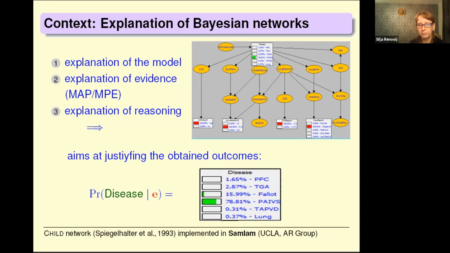So our outcome for a specific patient, where the characteristics of the patient are modeled by the observed evidence E, and in the graph you can see that those are the red bars in the histograms that indicate that that is observed with certainty right now. And the outcome is a prediction, so a posterior distribution over our outcome variable. And in this case, one of the 6 different possible values is the most likely one, with almost 80% probability.